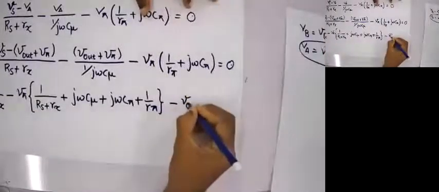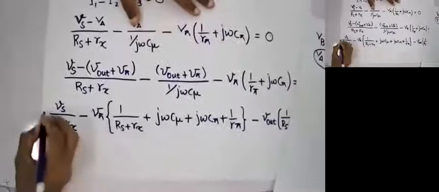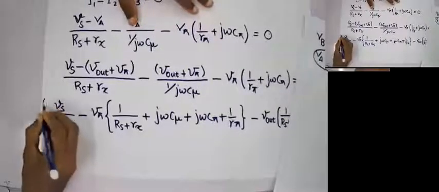So we'll put minus V out into 1 over Rs plus Rx, plus, here we have a minus, so that becomes plus j omega C mu, and that is equal to 0. Clear the whole equation, so I'll put equal to 0 here, right? The whole equation is equal to 0.